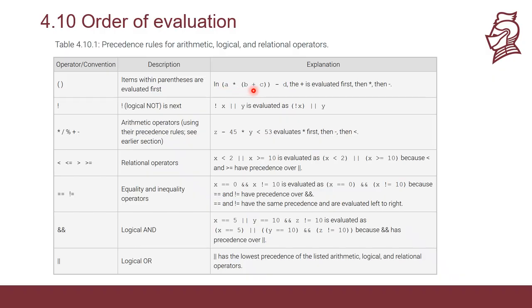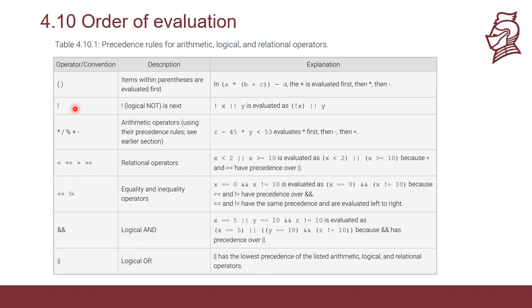Well, normally addition comes after multiplication, but since we put it in the innermost set of parentheses, this will happen first. B plus C, followed by the multiplication, and then the minus will occur next. Okay, so we can control the order of operations with parentheses.